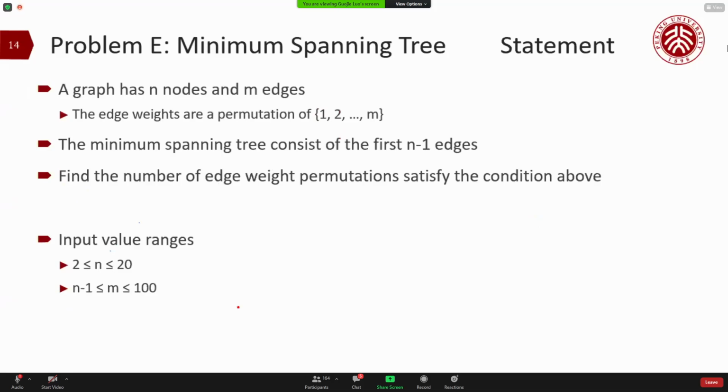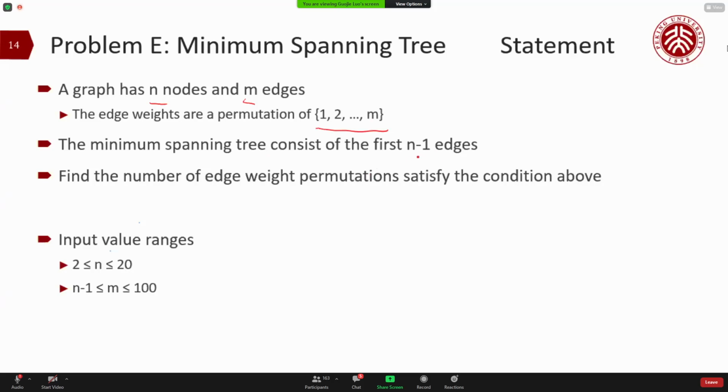And problem E, I also see many teams solve problem E, minimum spanning tree. A graph has n nodes and n edges, but we do not know the exact weights of the edges. We only know that the edge weights are a permutation of the set from 1 to m. And we also know that the minimum spanning tree consists of the first n-1 edges.